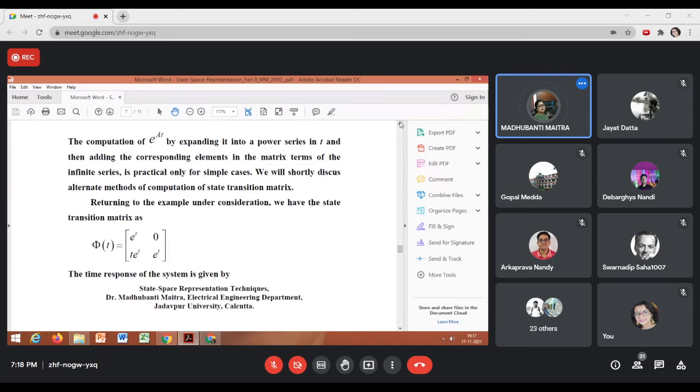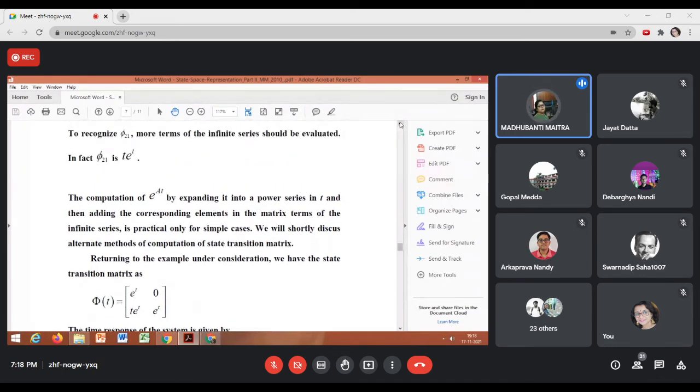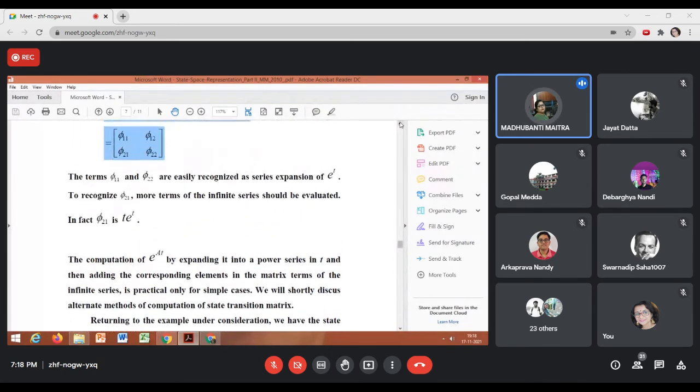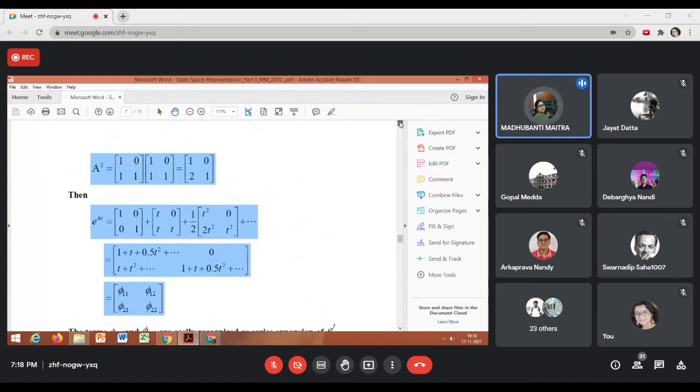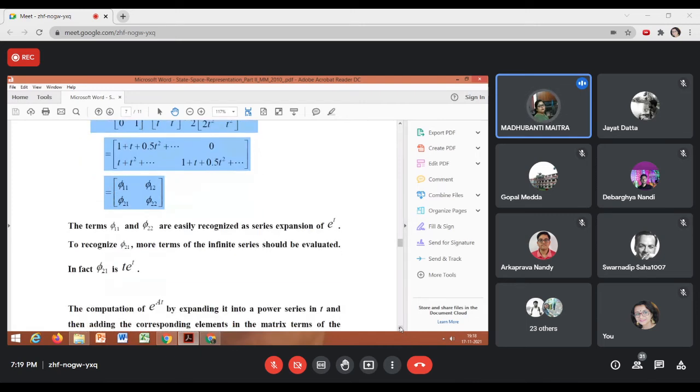Moreover, since the system is a second order system, the system matrix is a 2 by 2 matrix. That's why it's very easy to find A square, and from A square you will very easily be able to compute A cube, right? But if the system is a third order or fourth order system, then even computing A square will be difficult, time consuming and tedious.